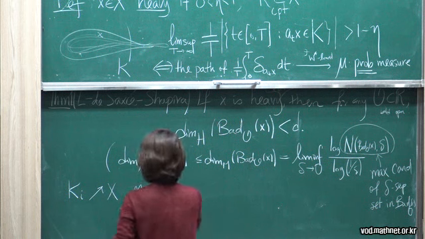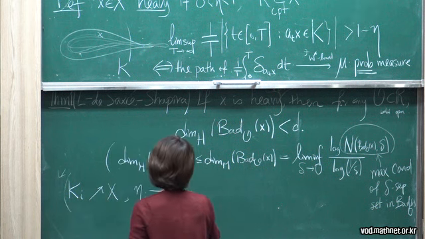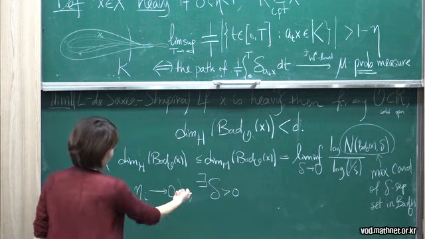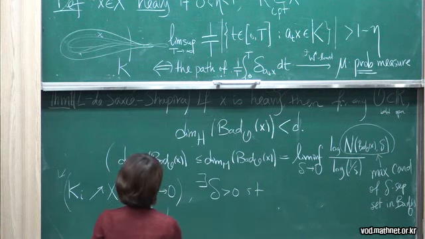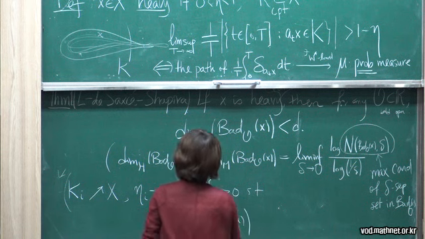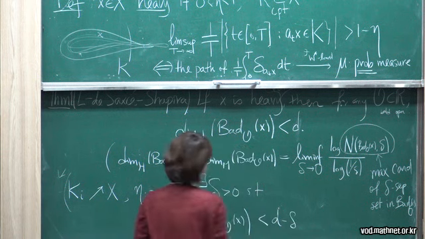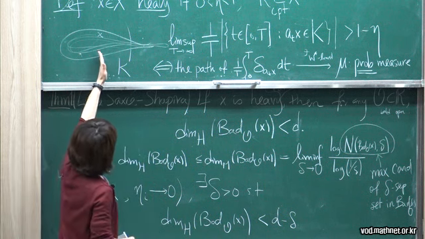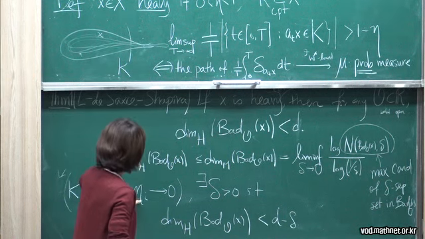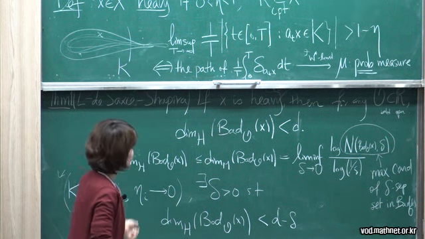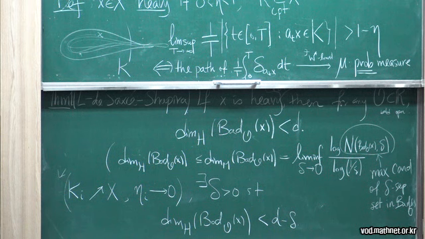Then, for these given K_i, eta_i and O, there exists some delta that depends on these and O, such that the Hausdorff dimension or the Minkowski dimension is bounded by d minus delta. And if you have a random lattice, what you do is you take an exhausting compact set, and for eta_i you take some constant times the measure of the rest by m_X, and then you can show it using equidistribution. And it's not completely trivial.